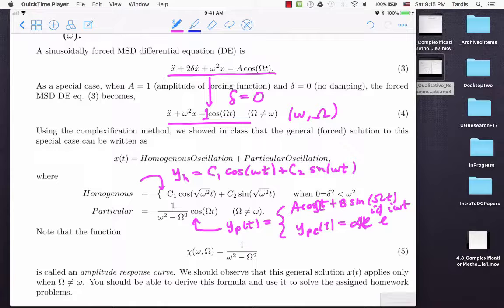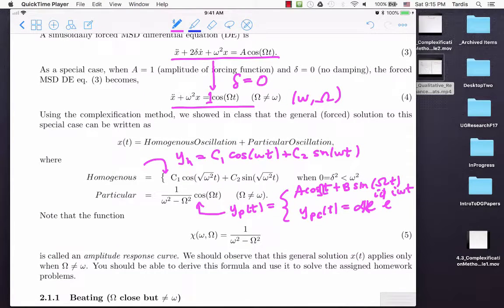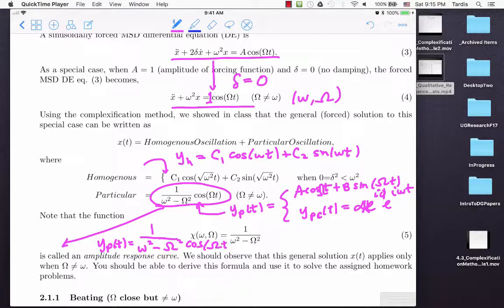You can use either way, but the solution you're going to end up with is that the particular solution, if you go through all the details, is going to be 1 over omega squared minus the forcing frequency squared times cosine capital Omega t.